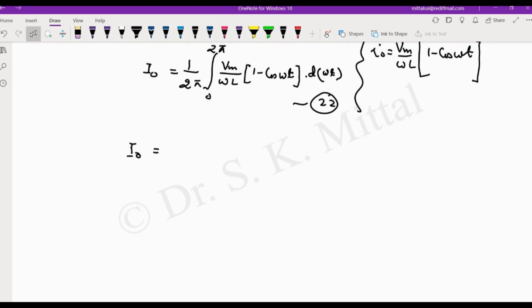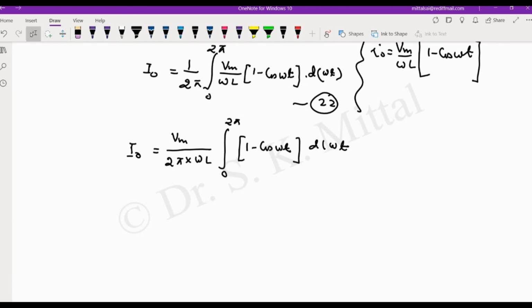Vm upon omega L we may consider constant. So this will be Vm upon 2 pi omega L integral 0 to 2 pi of 1 minus cos omega t d omega t.